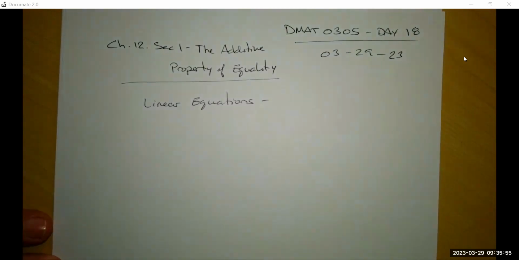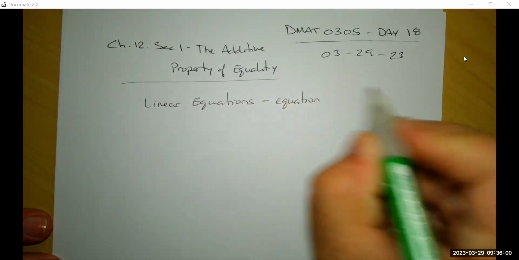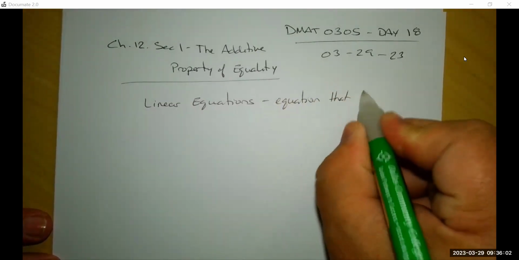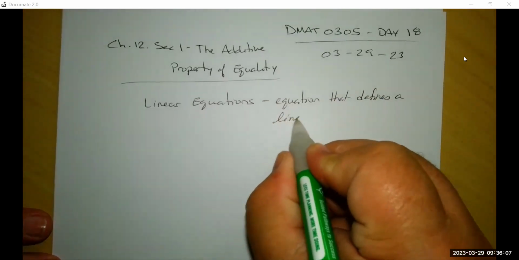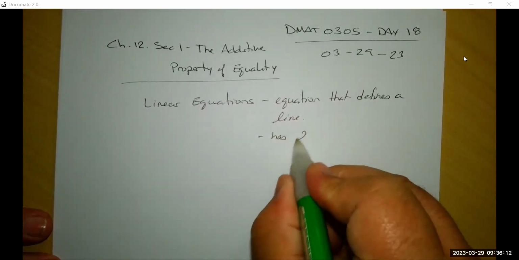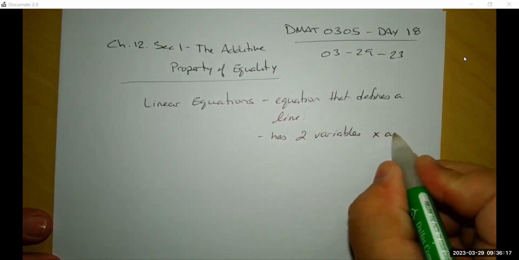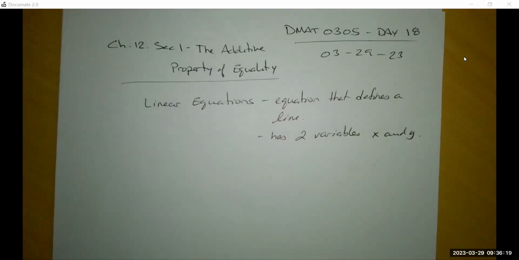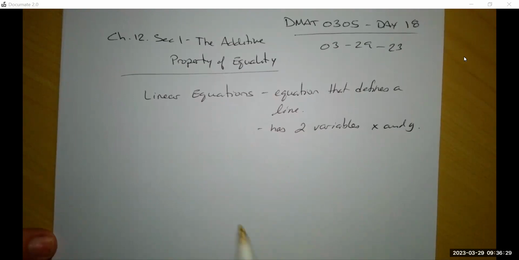Something related to X and Y. An equation that defines a line. Has two variables, X and Y. That's a linear equation.